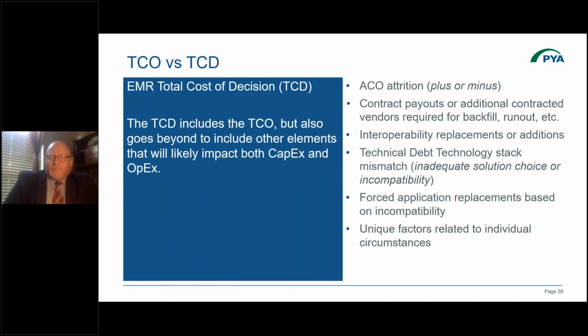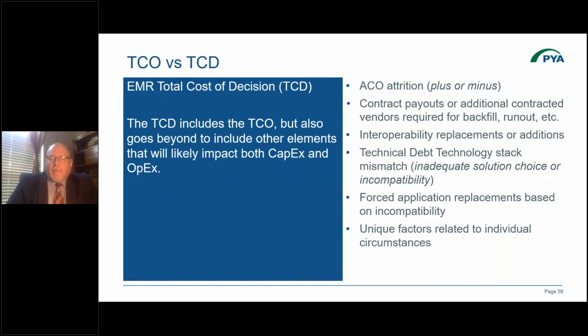So TCD, the difference between the total cost of ownership and the total cost of decision, is that the total cost of decision really includes things that are not necessarily related to IT. Some of these come from experience, and some come from other people talking to me. The one up front surprised a particular system.